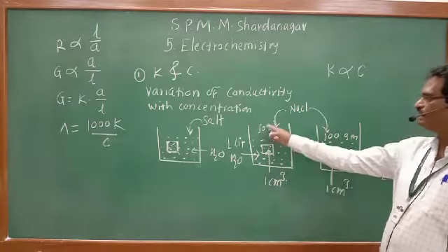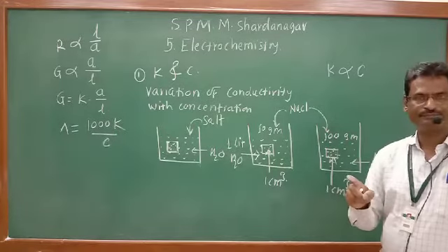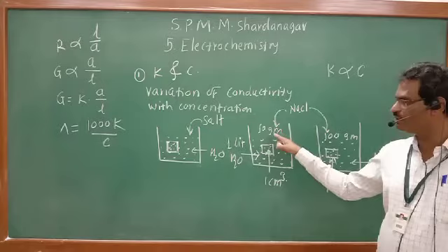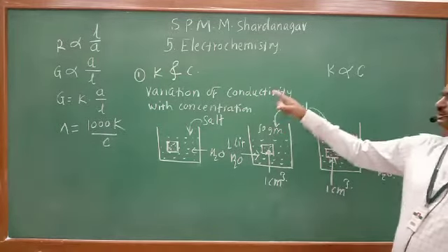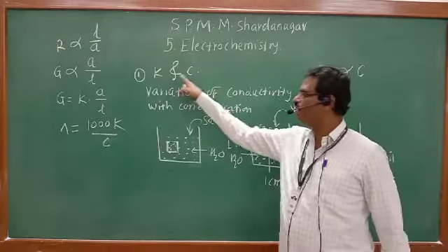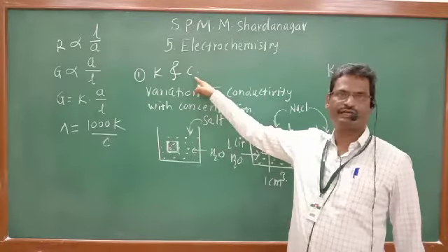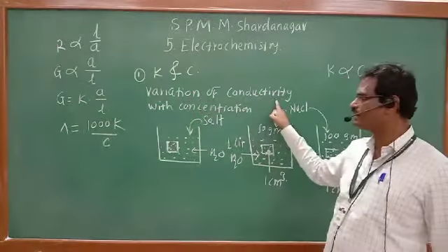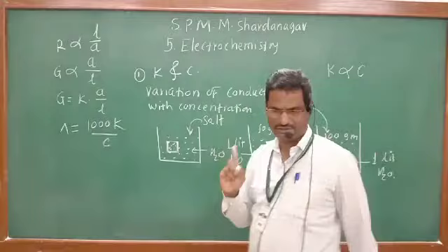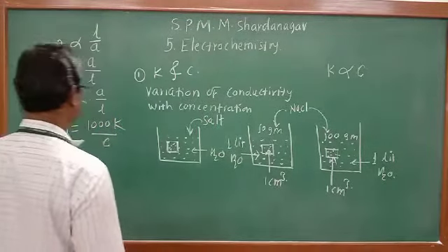So with increasing concentration, conductivity increases. With decreasing concentration, conductivity decreases. Means conductivity and concentration are directly proportional to each other. That is the variation of conductivity with concentration. First point I have to explain over here in this lecture.